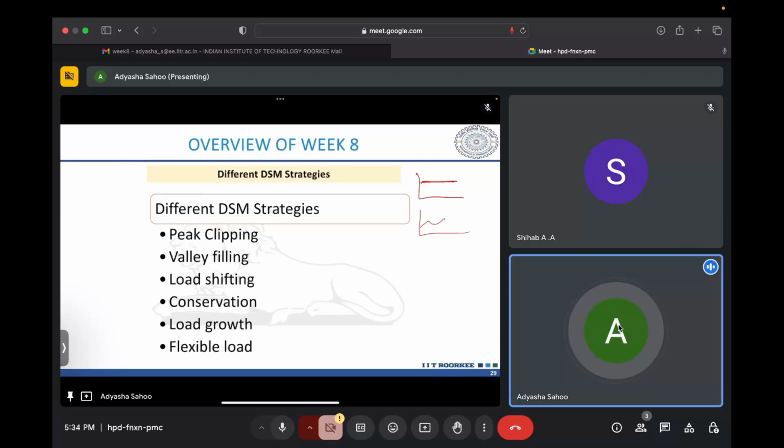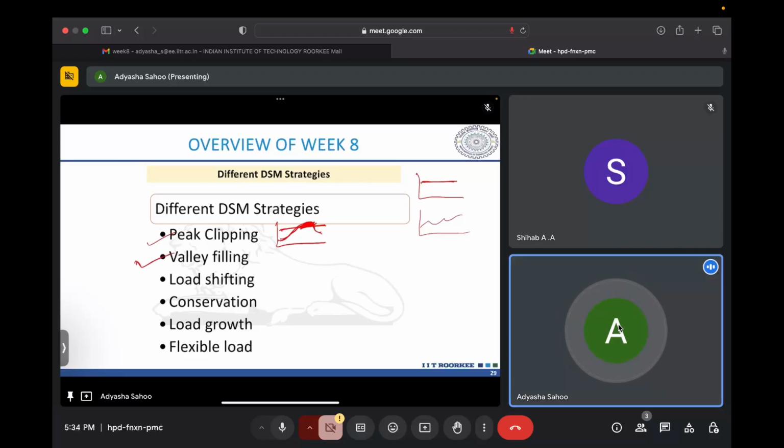Various types of demand side management strategies are like your peak clipping. If there is a peak in the load demand, this can be removed. This peak energy consumption can be shaved out. That is your peak clipping.